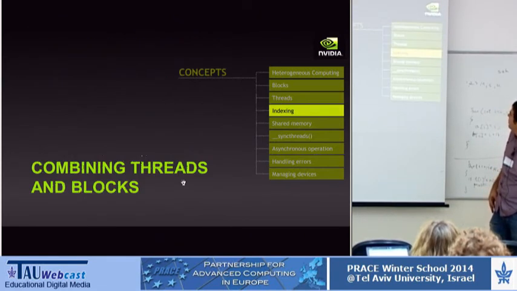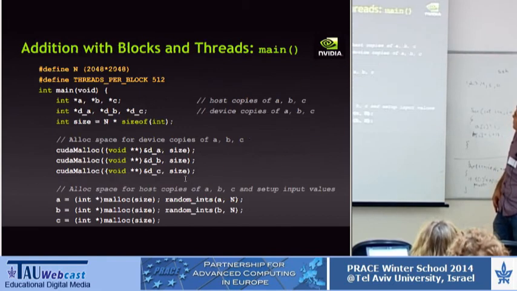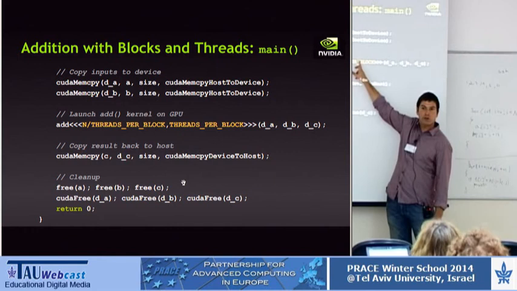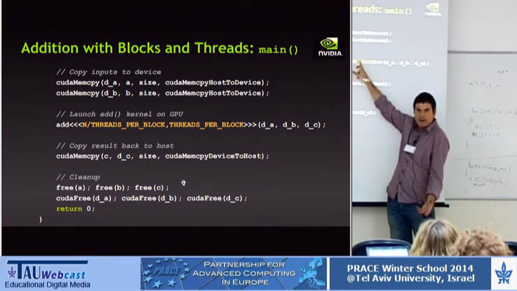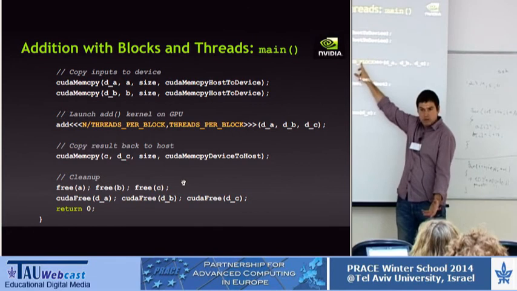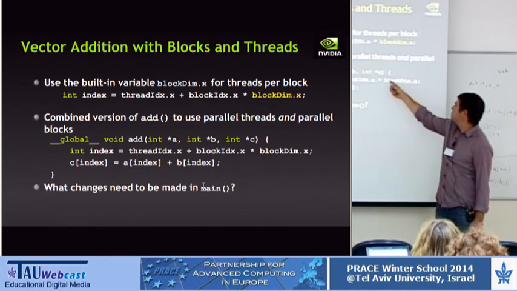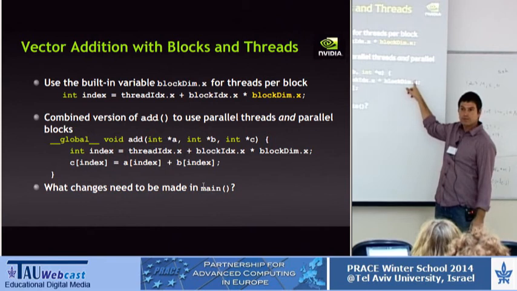How many threads in all blocks? It comes from here. This is this 512, because I've told it that there are 512 threads in a block. And then it reappears magically inside the kernel as block dimension.x.